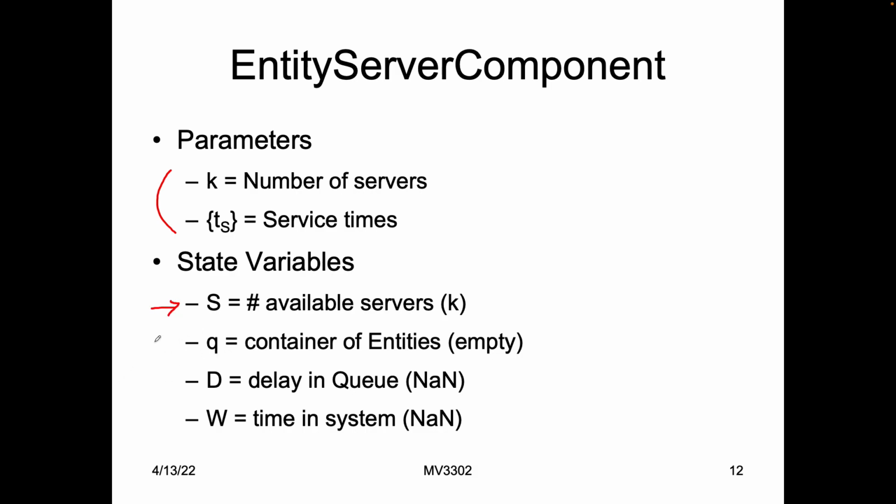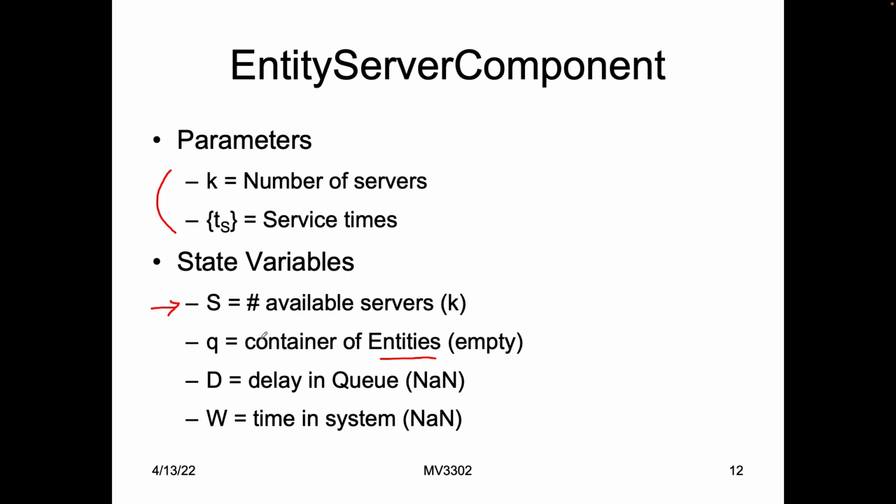And now, if you remember, previously we had a container of times, but now we're going to have a container of entities. So what's going to happen is our arrival is going to be the arrival of an entity, and that entity is going to be put into this container that's going to hold them.